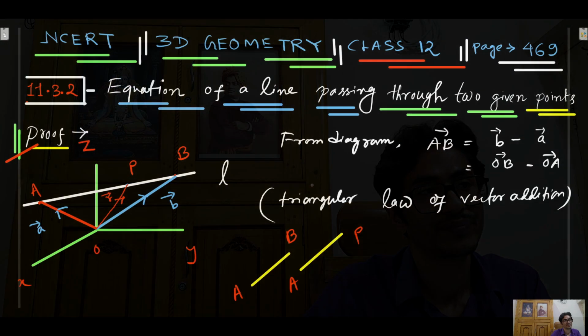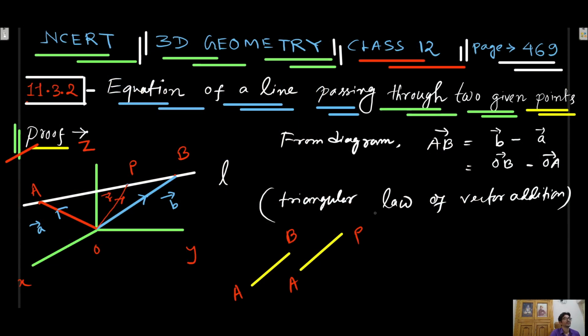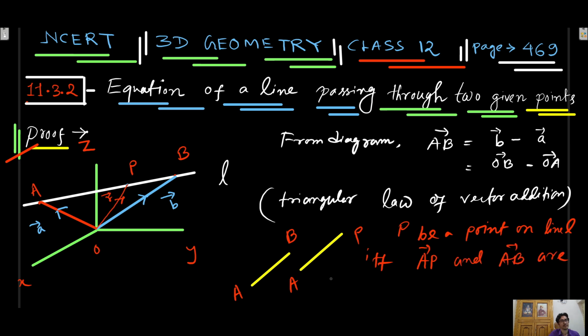So here, P is a point on line L if and only if the vectors AP and AB are collinear.